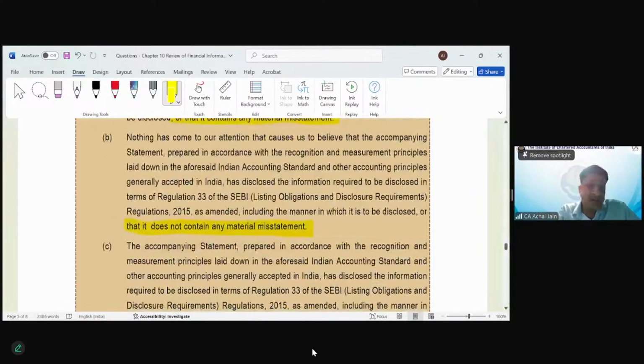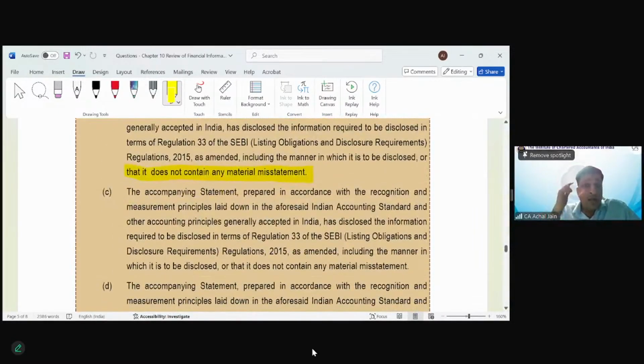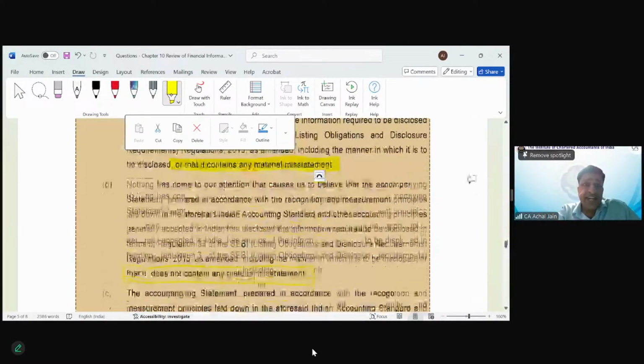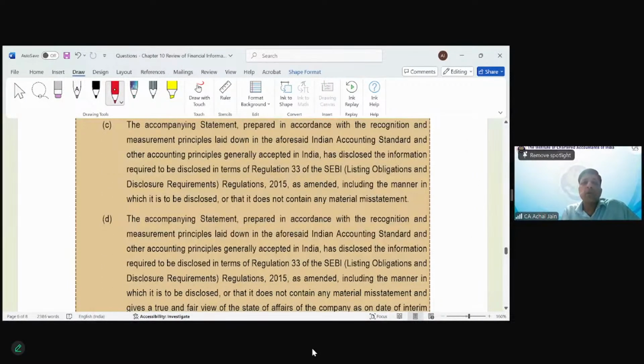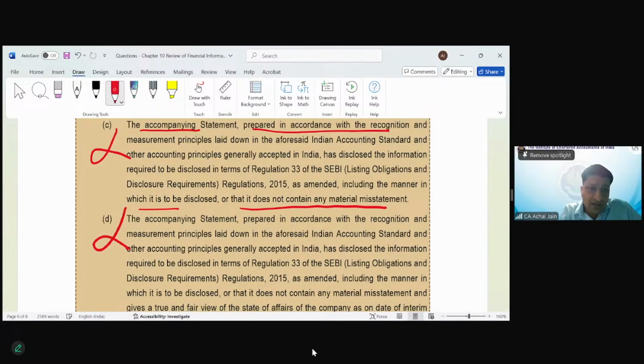Then C and D are not using the negative language. The accompanying statement prepared in accordance with so and so, which is to be disclosed, does not contain any material misstatement. But when it comes to a review, what language do we use? Negative language. So C and D, I need not read. They are clearly out.